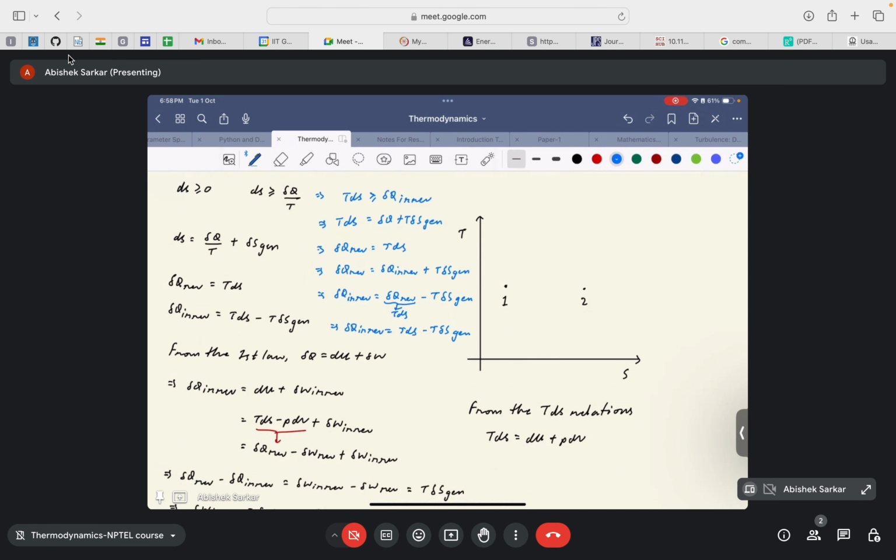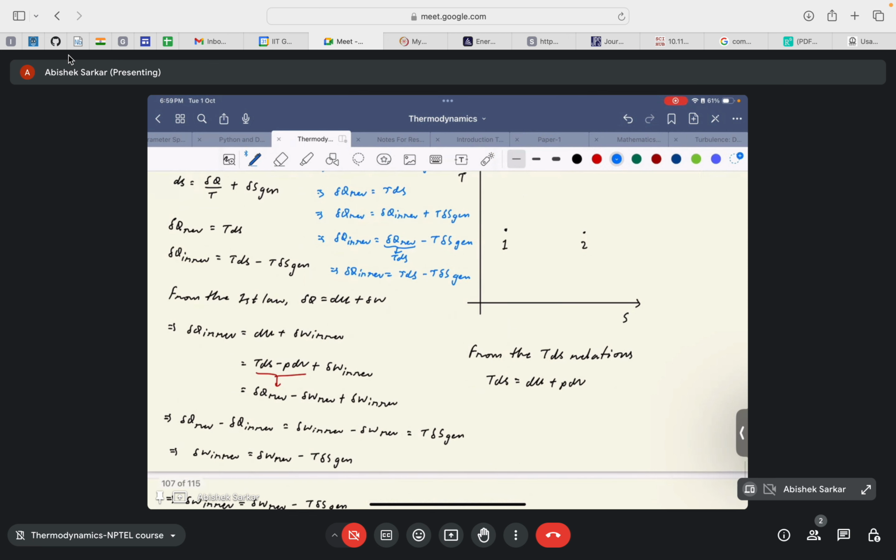And again, some of you may ask, sir, why are you representing dS in the reversible case, and why are you representing delta S gen as some path function? Because the entropy generation is a path function. That's why we represent the entropy generation as a delta rather than the complete differential d.